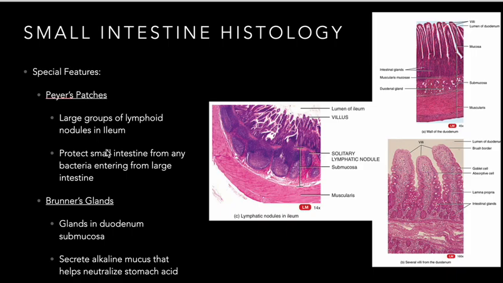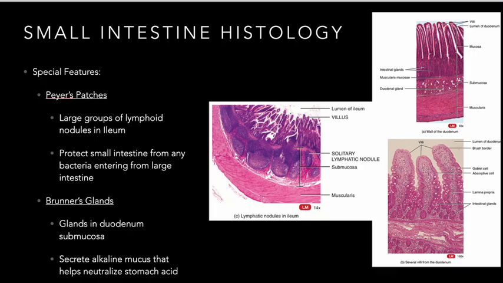So, in that small intestine, right at the opening to the large intestine, we're going to find these Peyer's patches, which are these big purple lymphoid nodules here. Again, you can see they're right below those villi, making sure that if anything gets in here, if there was reflux back from the large intestine, it would come in contact right away with some lymphatic tissue. So again, those Peyer's patches are going to be really important in protecting your body from infection from any bacteria coming back in from the large intestine.